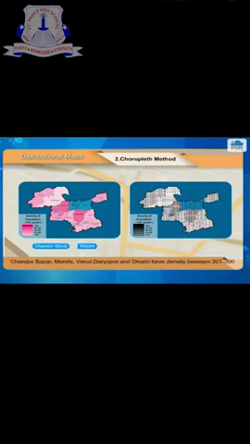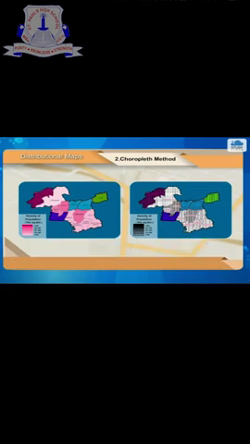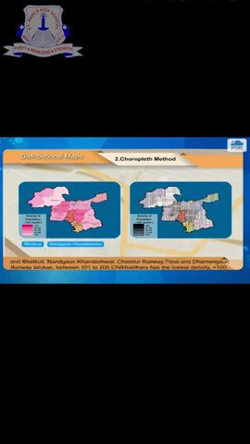Chandur Bazar, Morshi, Varud, Daryapur and Dharni have density between 201 to 300, and Bhatkuli, Nandgaon, Khandeshwar, Chandur Railway, Tirsa and Damangaon Railway talukas between 101 to 200. Chikaldhara has the lowest density, less than 100.